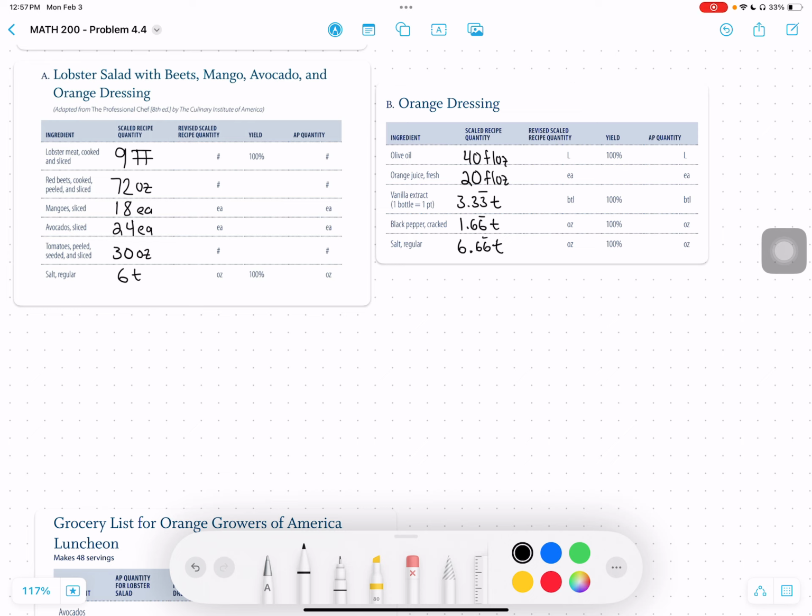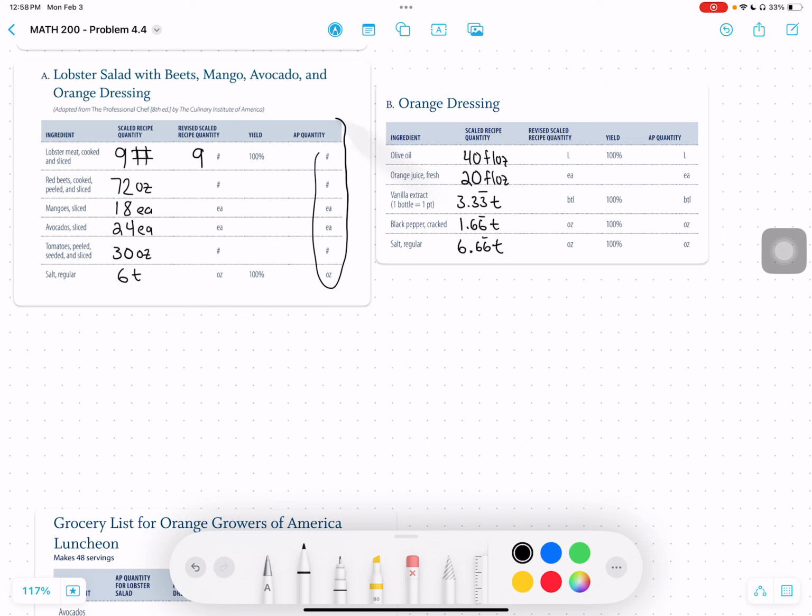Let's go ahead and do some conversions, starting with the lobster meat. The problem says that the scale recipe quantity is 9 pounds and we are converting to pounds. So it looks like we don't need to do any conversions here, because the revised scale recipe quantity is in the same units. The revised scale recipe quantity, remember the second column that we're going to start to fill up, is the scale recipe quantity converted to the units that you're going to do the purchasing in.